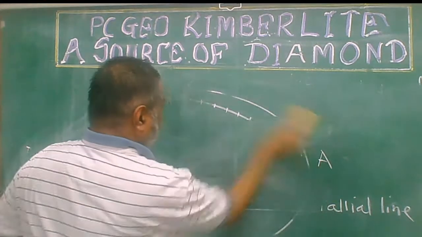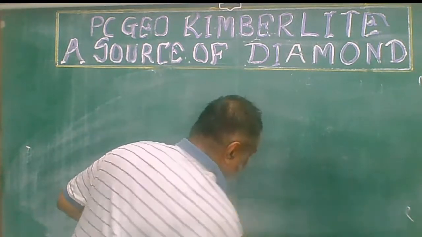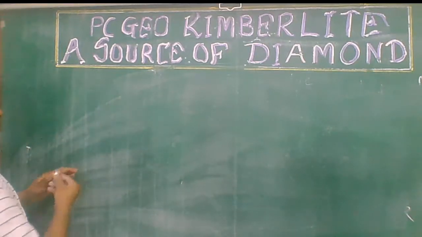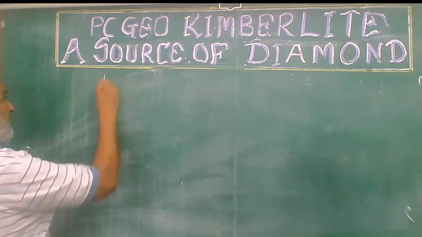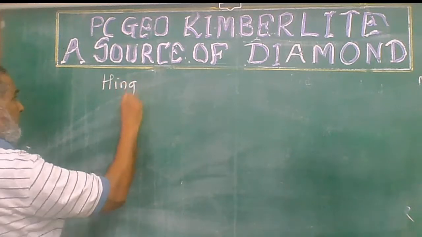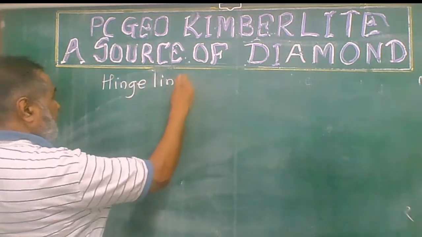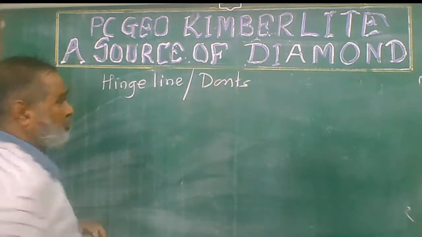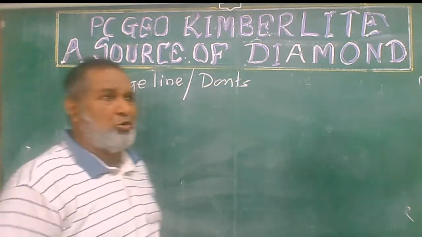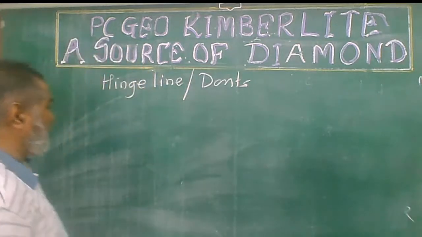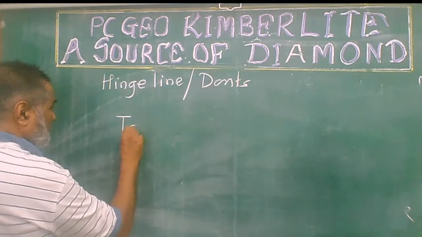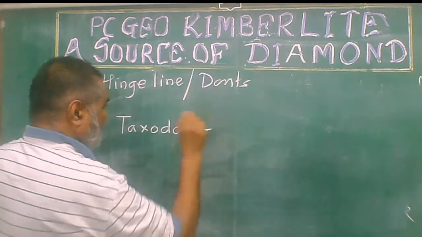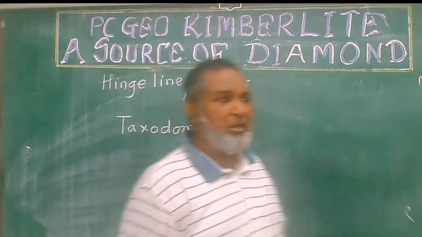First, we'll see the hinge line. These are called dont types. The first one is the taxodont. The simple, common one that we have, the taxodont.